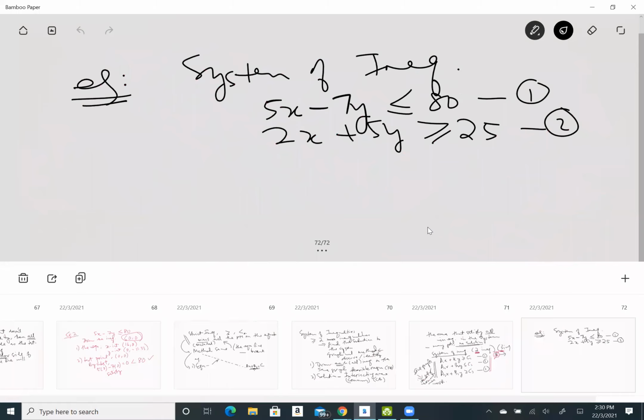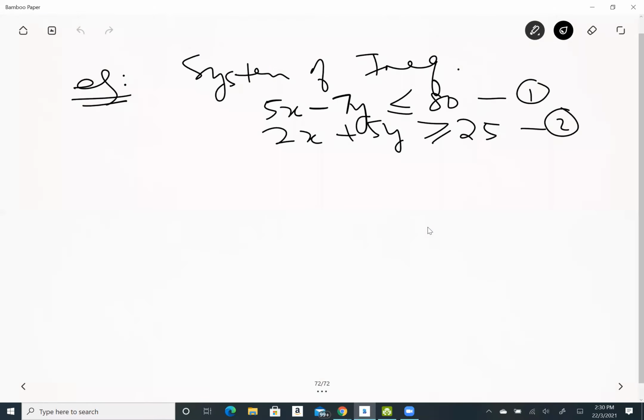The other type of feasible region is called the bounded feasible region. Meaning if I have a bounded feasible region, that means it is closed. You have boundaries on all sides.